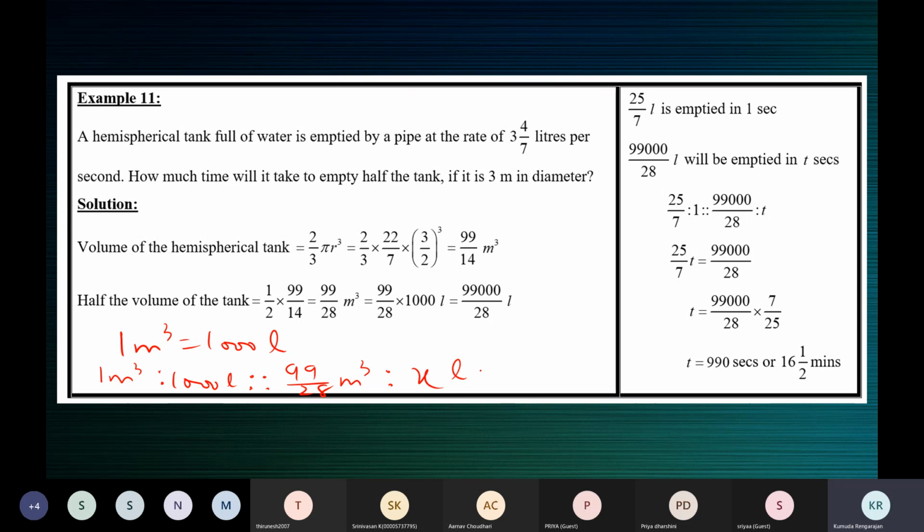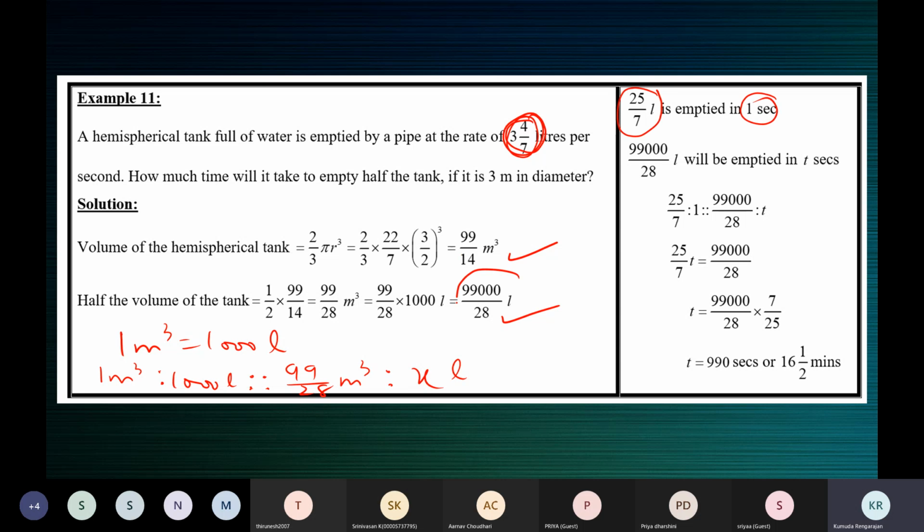So you first worked out the capacity of the tank, and then you found half the capacity of the tank in liters. Now 3 4 by 7 is nothing but 25 by 7 liters. So much water comes out in 1 second.